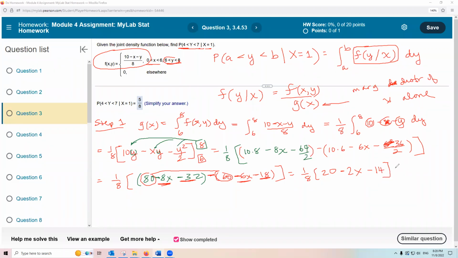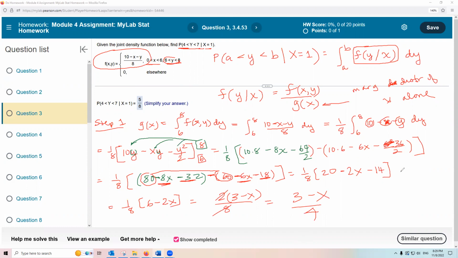So this is 1/8 times (6 minus 2x). And let me factor out a 2 from the top. So the top is 2 times (3 minus x) over 8. But the 2 and the 8 cancel out to give me a 4. So I'm left with (3 minus x) over 4.